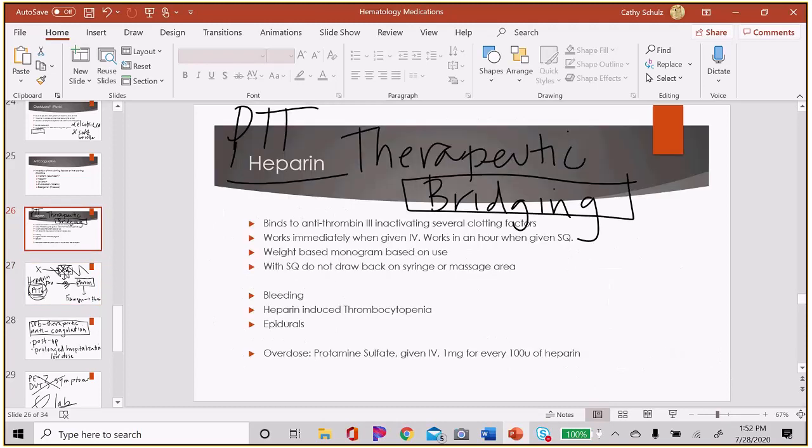So here's the patient, when they're getting heparin, they will get a continuous IV infusion of heparin. And this is where the math comes in that we're going to do after our break. It's a weight-based math.